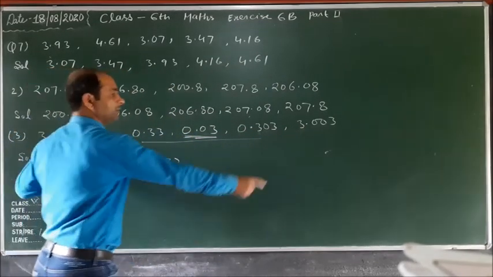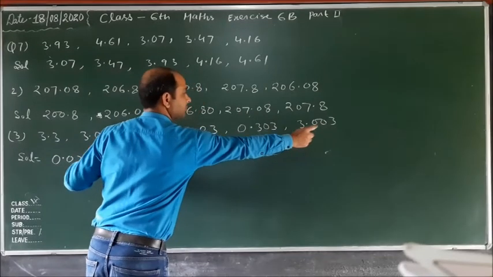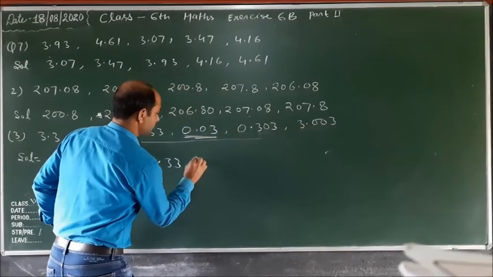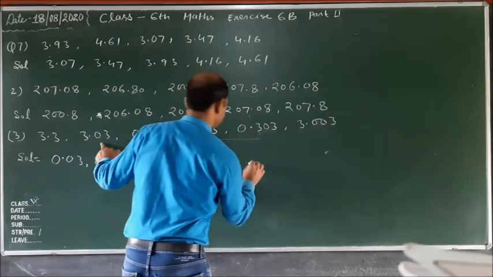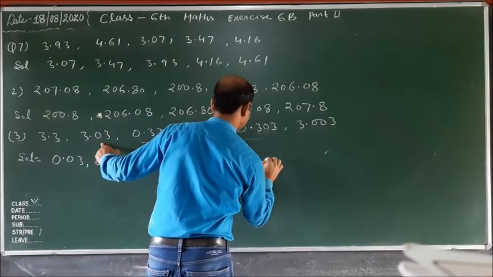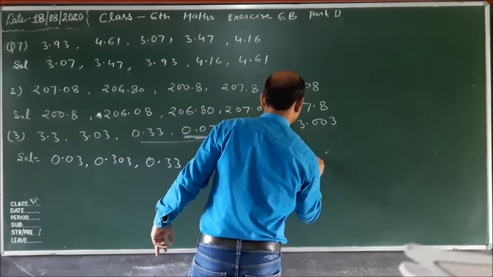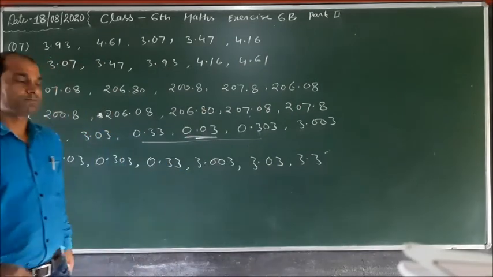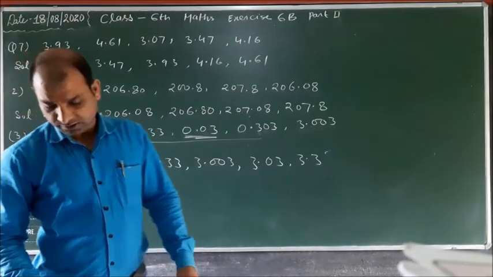Here 0, here 0, here 3, here 0. So this number is small: 3.003. Then we write 3.03, and this is the greatest number, 3.3. Okay dear children, this exercise is completed.